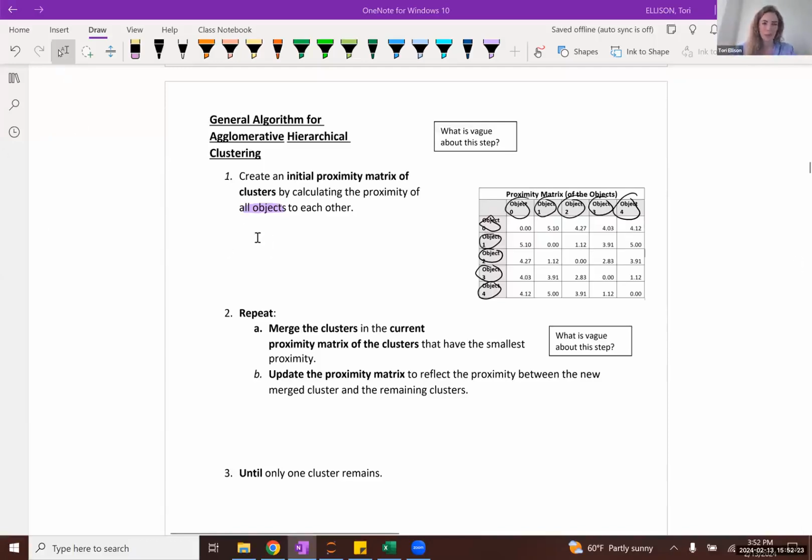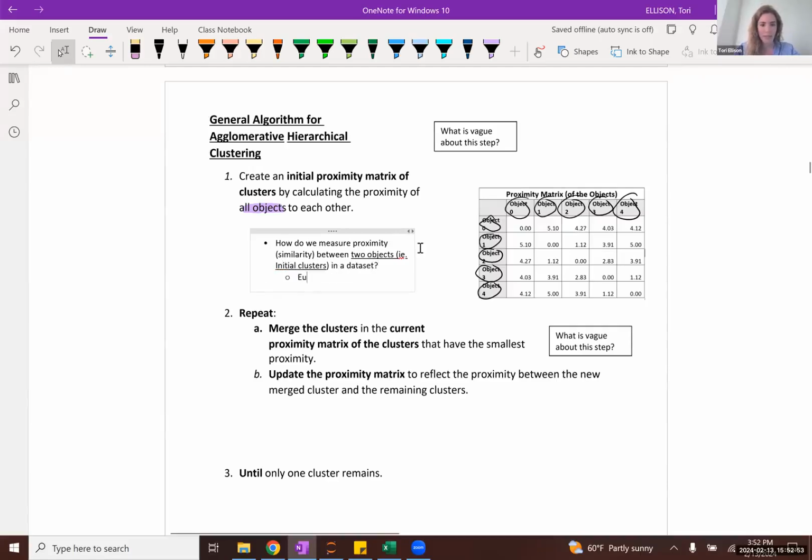Yeah, exactly. We might ask ourselves, how do we measure proximity, or for instance, similarity between two objects, i.e. initial clusters, in a data set?